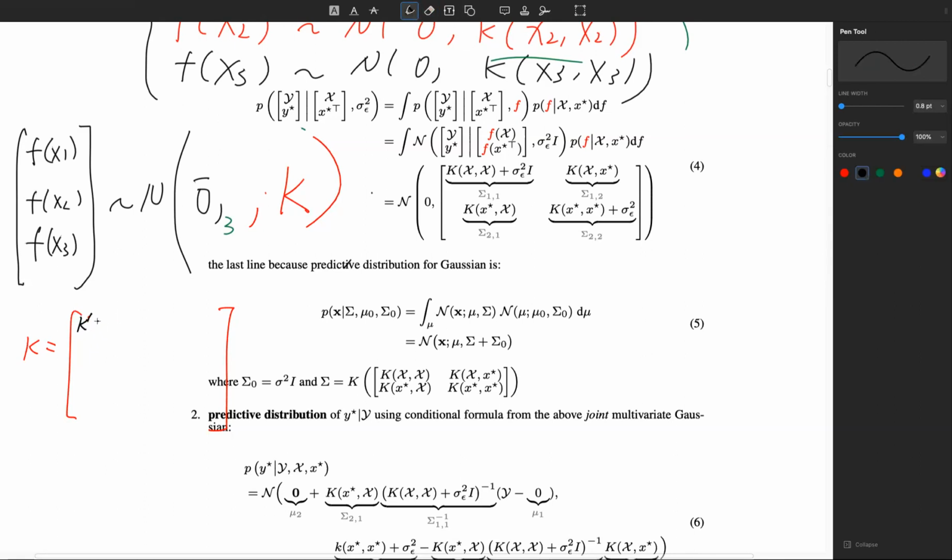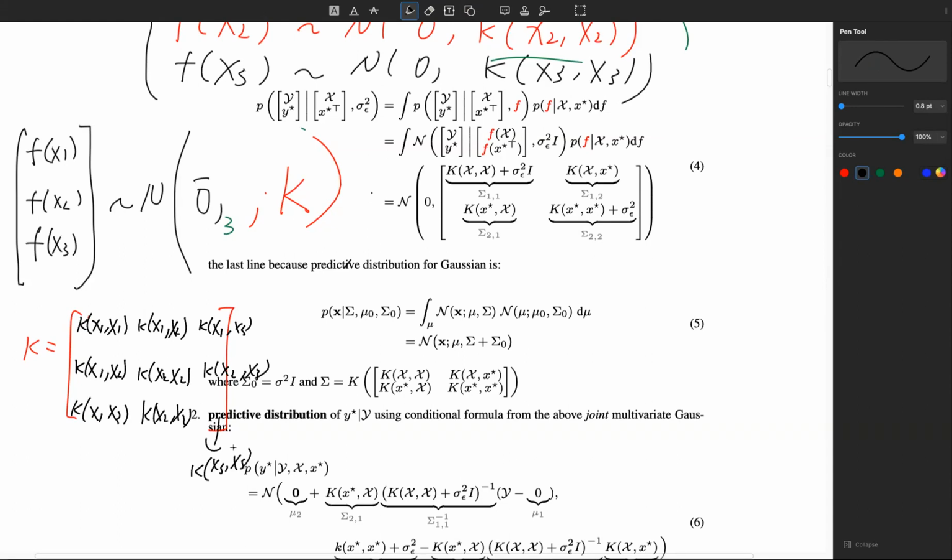So it's K(x1, x1), K(x1, x2), K(x1, x3), K(x1, x2) because it's symmetric, K(x2, x2), K(x2, x3), and K(x1, x3), K(x2, x3), and the last one is K(x3, x3).